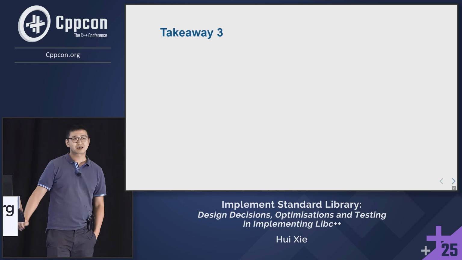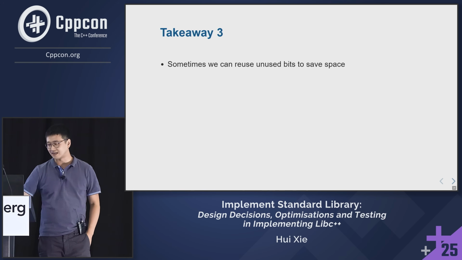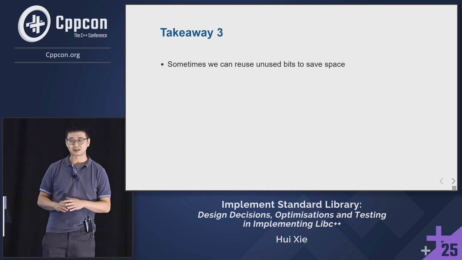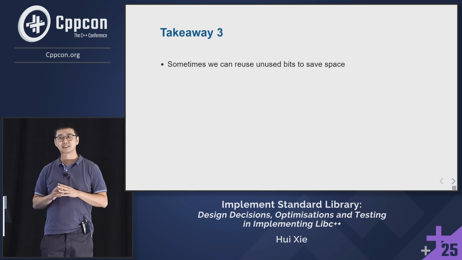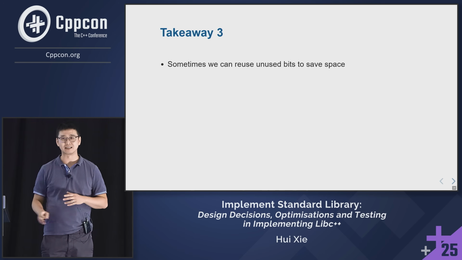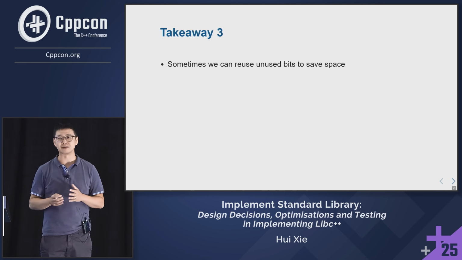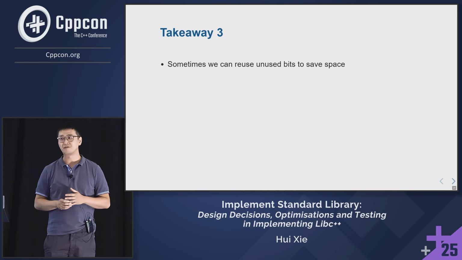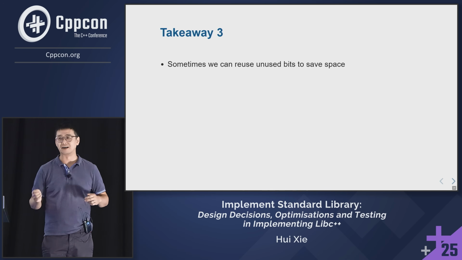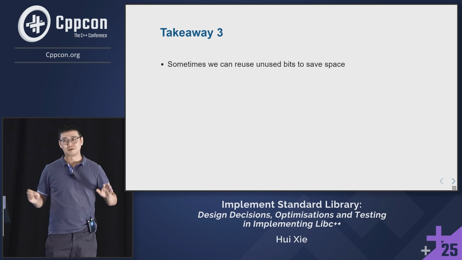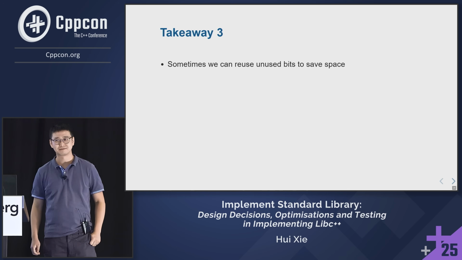And the takeaway of this example I'd like to share is that sometimes we can try to reuse unused bits to save some space. In this example, we use a 32-bit integer for 3 different purposes.